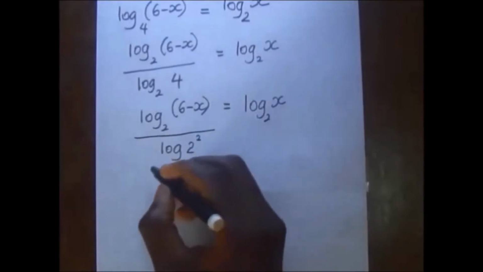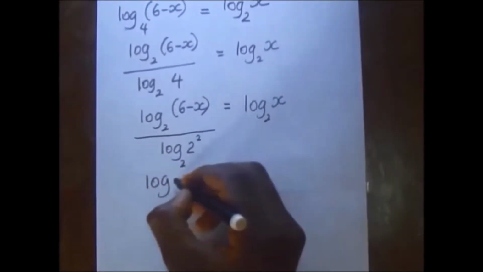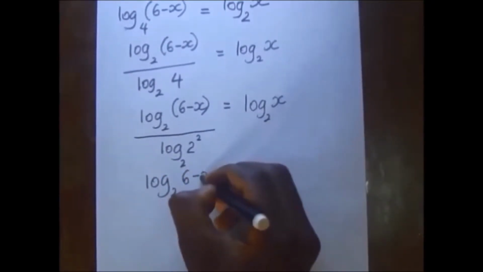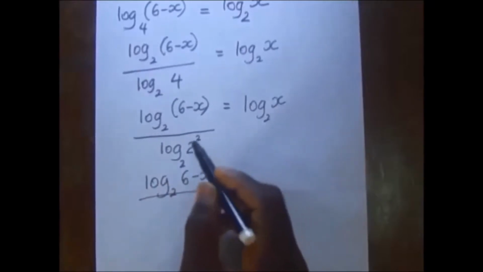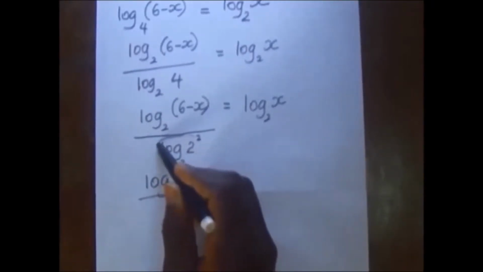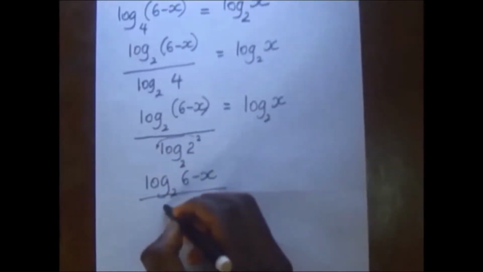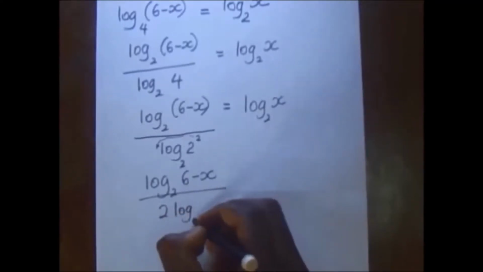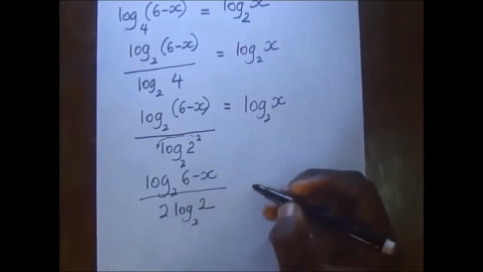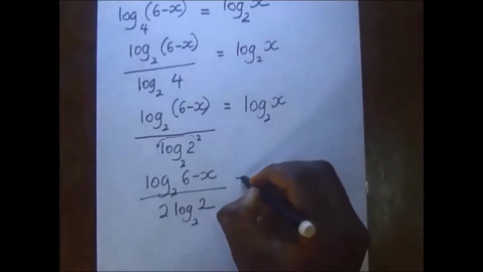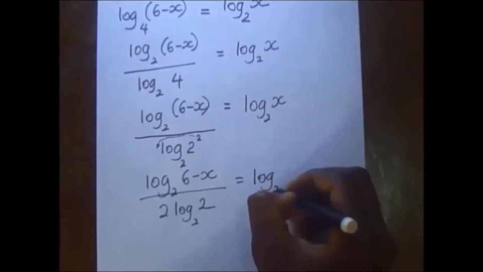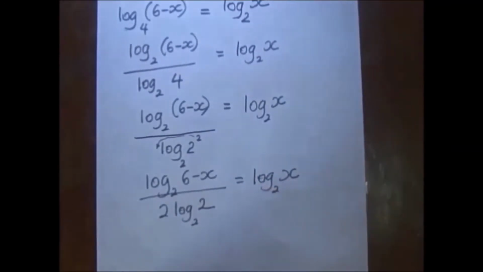So that is the same as saying log base 2 of 6 minus x, divided by, now this 2 comes right there, 2 log base 2 of 2, is going to be equal to log base 2 of x.